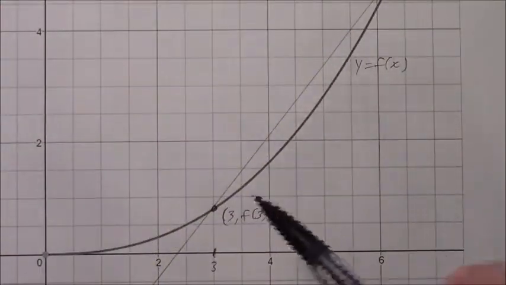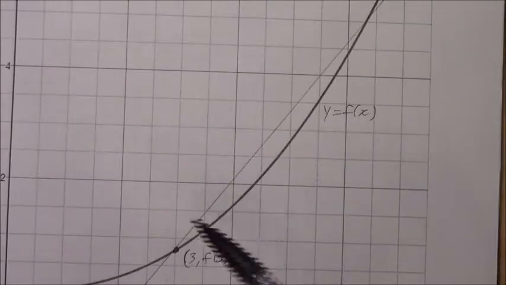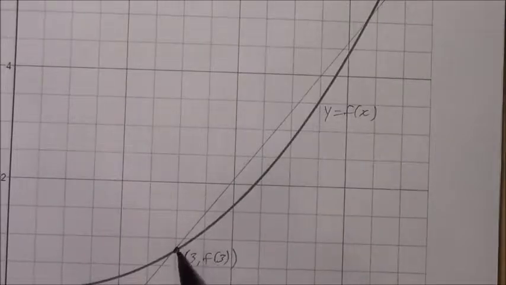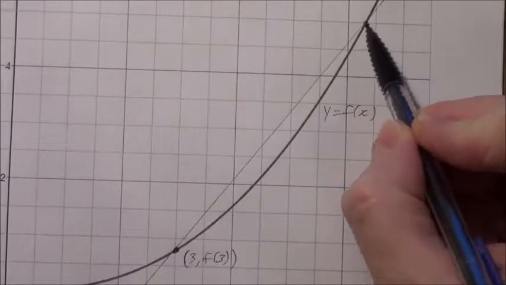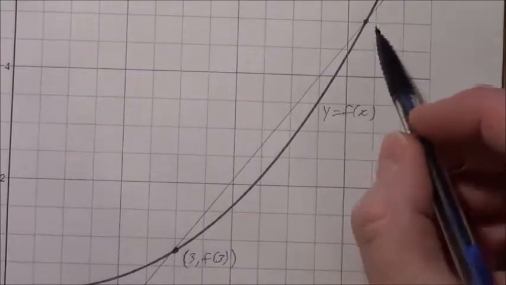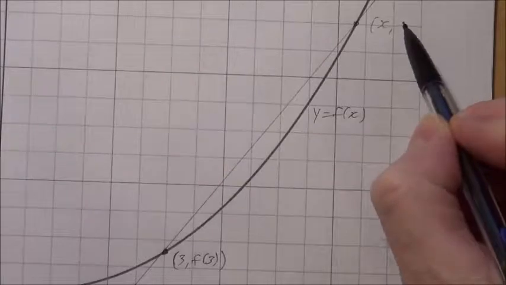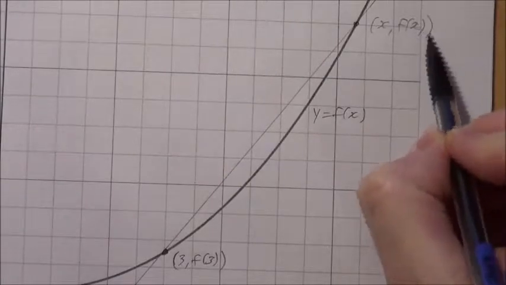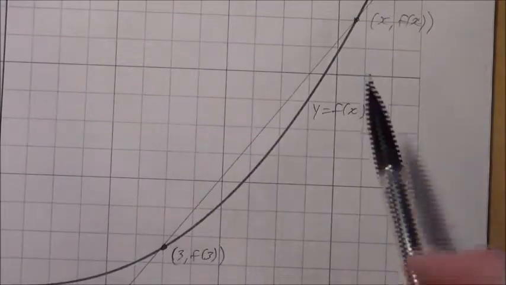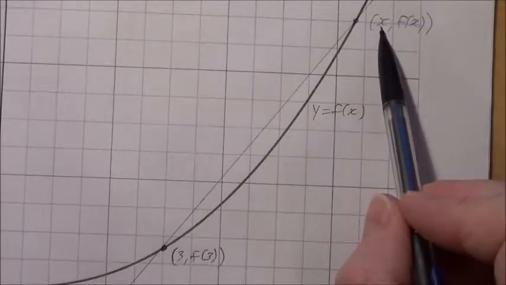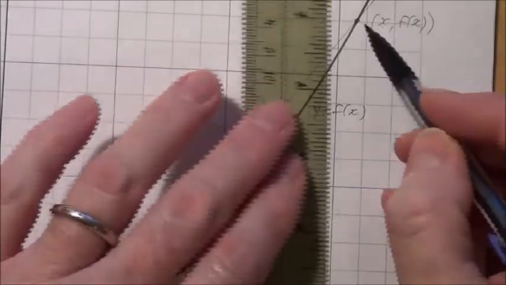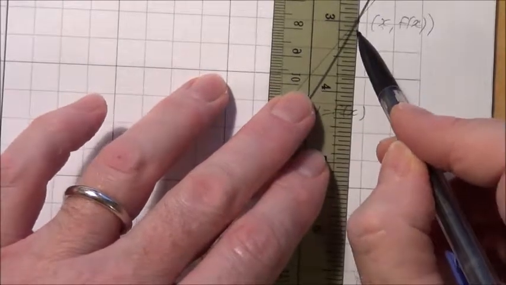The way to get the gradient of the secant is to use this point, and then this point up here. I don't know exactly what that is at the moment, so that's going to be some point (x, f(x)). What I'm also going to do is say this x value up here is some horizontal distance, and I'll just draw a little guideline down here.